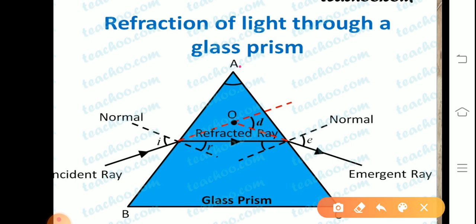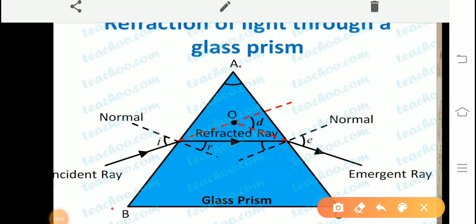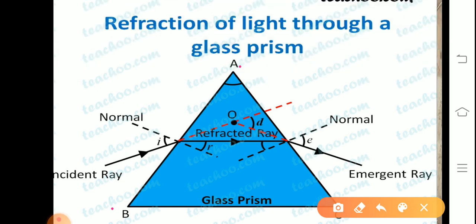A, B, C. ABC is a glass prism. Here it has two planes, that is AB and AC, right?